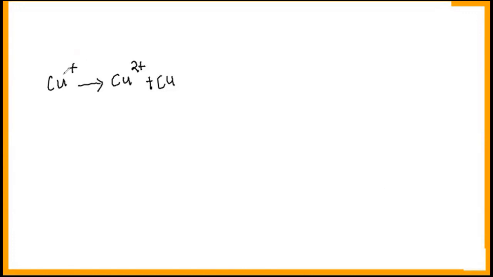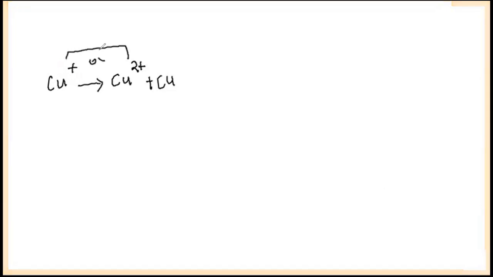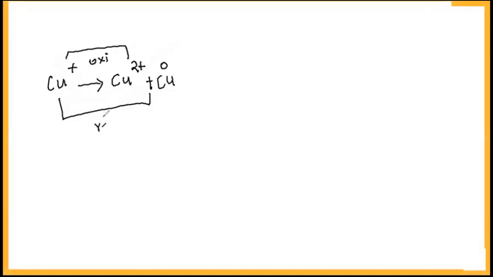Here it is plus 1 to plus 2, an increase in oxidation number, that is oxidation. And here copper metal is given. In the metallic state its oxidation number is zero, so it is reduction. Then I can call this a disproportionation reaction.